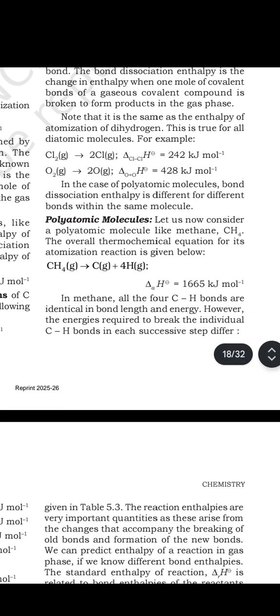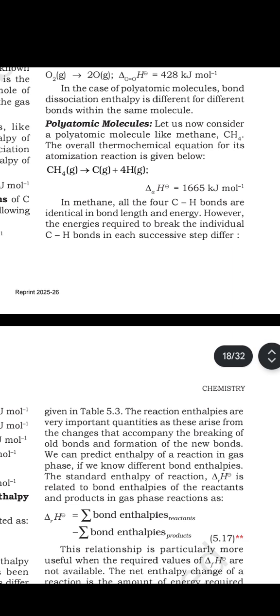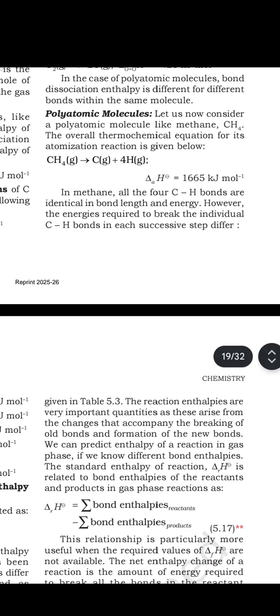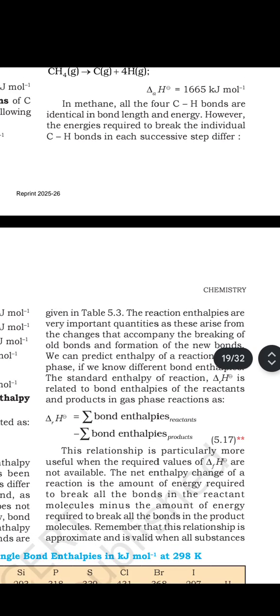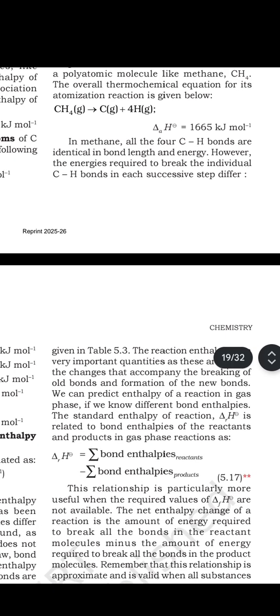In the case of polyatomic molecules, bond dissociation enthalpy is different for different bonds within the same molecule. Let us now consider a polyatomic molecule like methane. The overall thermochemical equation for its atomization reaction is given below. In methane, all the carbon-hydrogen bonds are identical in bond length and energy.